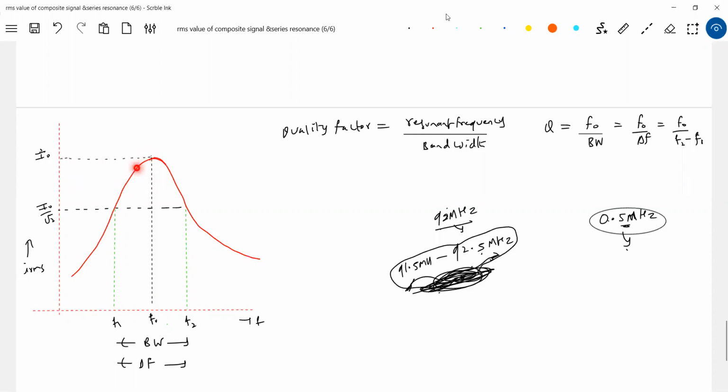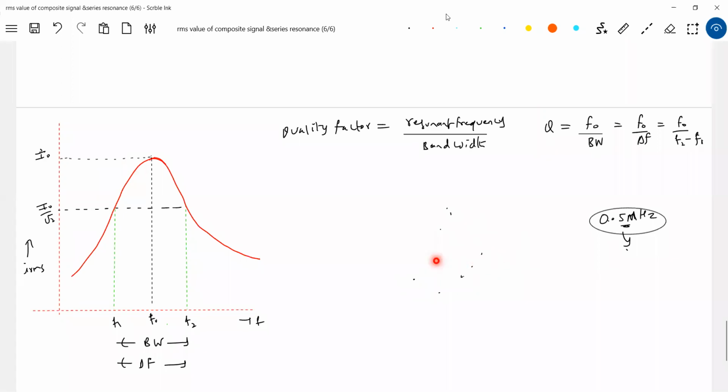What about here? Power decreases. Then which set of signal frequencies can I select? Not only this one with maximum power, you can select all the signals which have power at least half of the maximum. At least half of the maximum means what it will become.